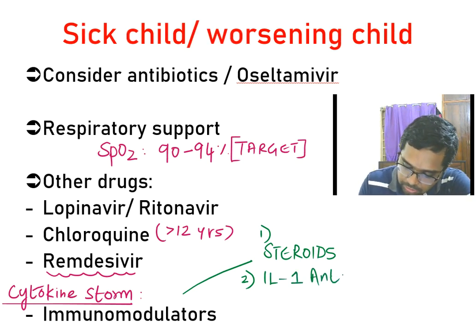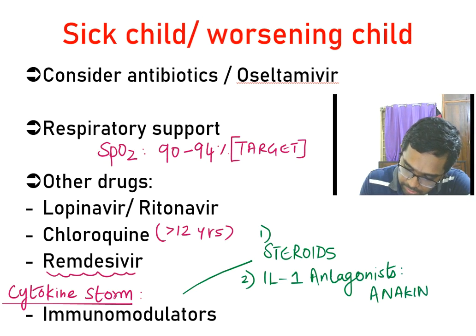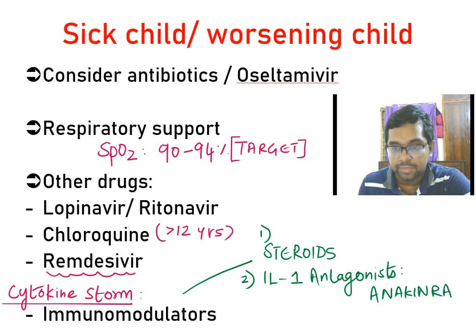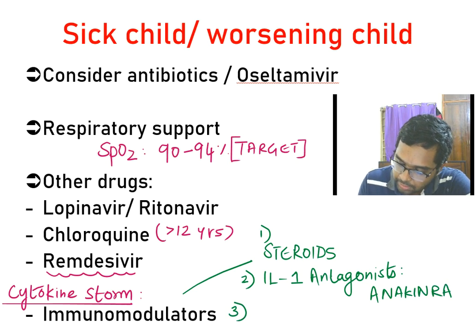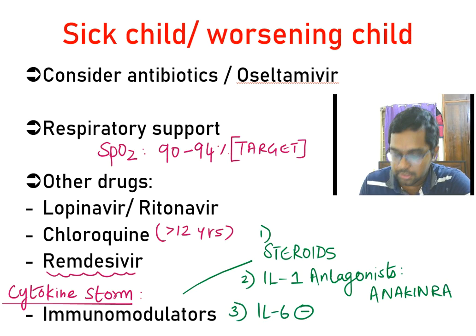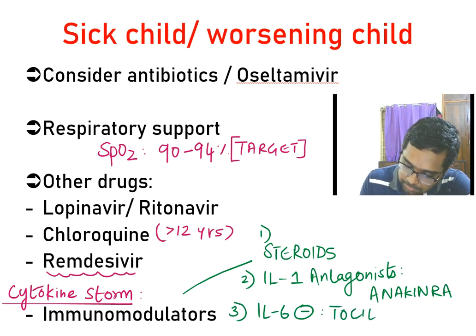I'm just writing antagonist. What is the name of that? You all must have known about this. Yes, anakinra. And what is the one more interleukin I asked you to remember? In fact, that is the most important interleukin. It is an interleukin 6 inhibitor. I'm just writing 's' for inhibitors. Interleukin 6 inhibitors. What is that? Yes, it is tocilizumab.